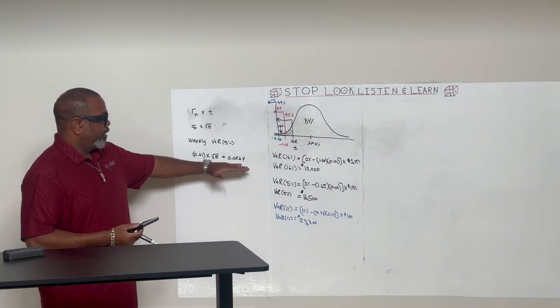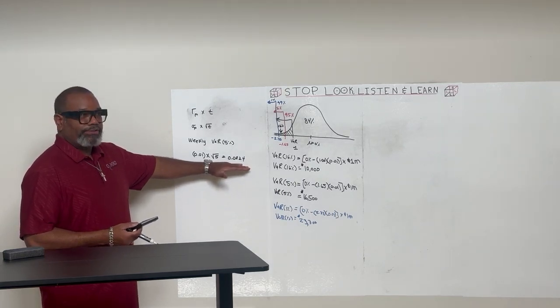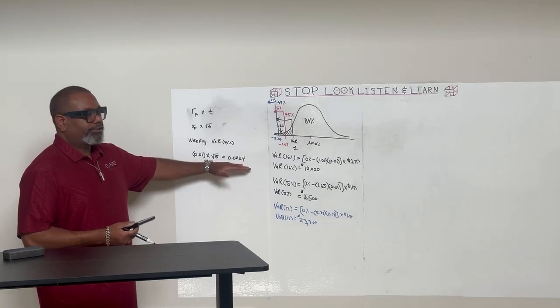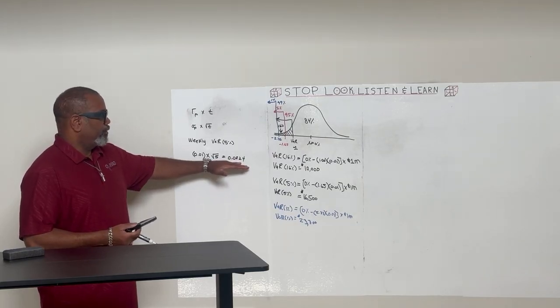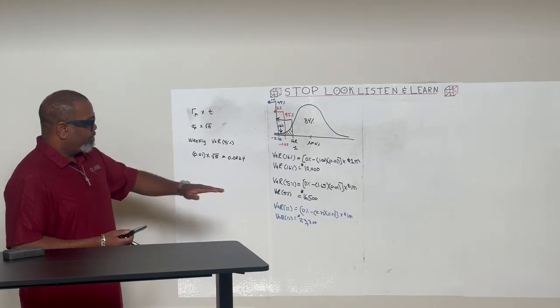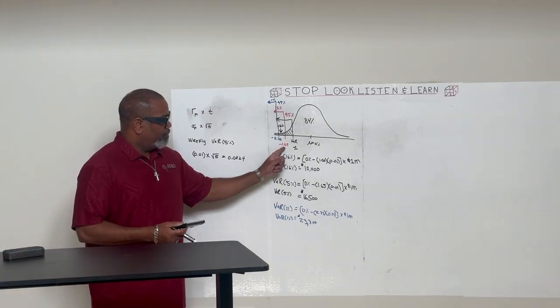So the daily standard deviation is 1%. The weekly standard deviation would be 2.24%.